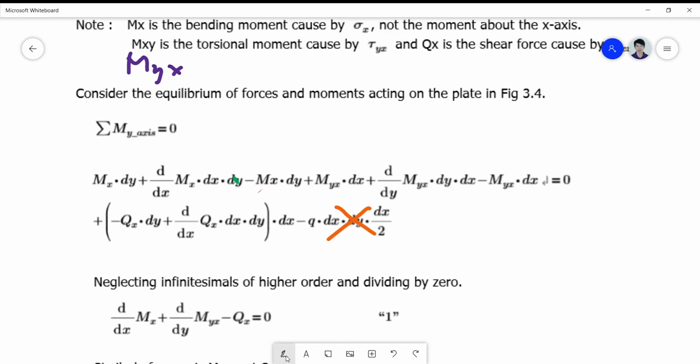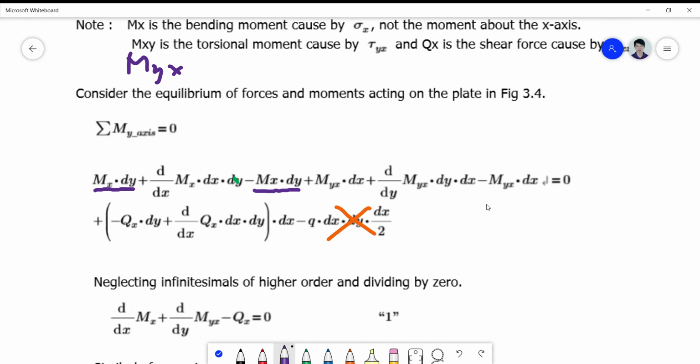So in this equation we have here the flexural moment values. So this is the Mx dy, and this is the Mx dy plus delta Mx dy. So where is that?